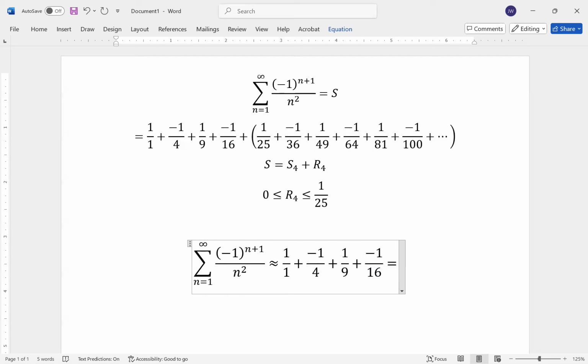Whatever that number is. Now, I'm going to punch that into my calculator. It gives me a crazy looking decimal of 0.7986, and that as a fraction is 115 over 144.